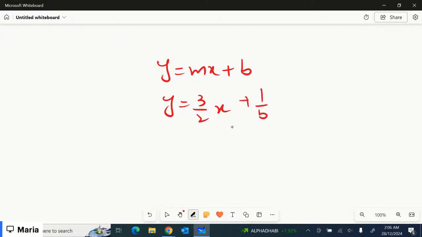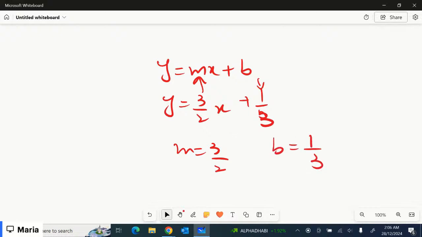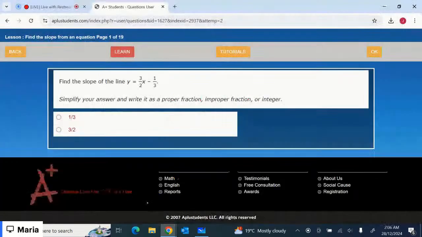That is the equation, right? So when you compare both the equations, m is 3 over 2, that is the slope, and b is 1 over 3, that is the y-intercept. b is the y-intercept, m is the slope. So m equals 3 over 2. The correct option is option number 2, that is 3 by 2.